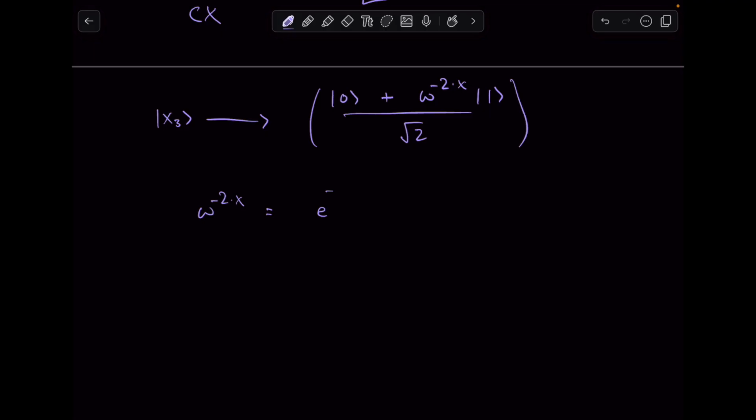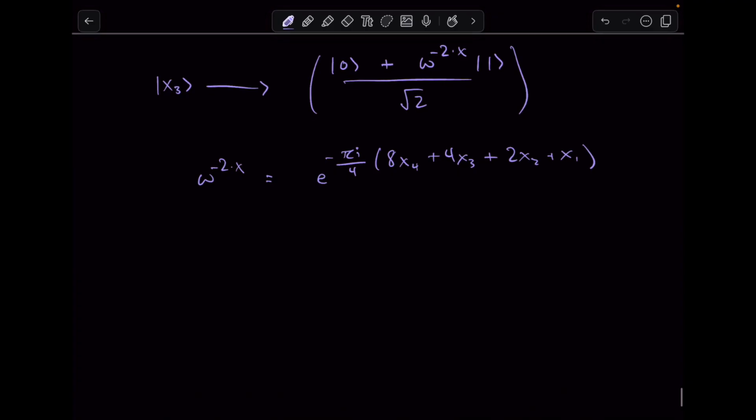So what is this? 4 pi I over 16, which is just pi I over 4, times 8x4 plus 4x3 plus 2x2 plus x1. So if we only care about this value mod 8, then we don't care about this qubit. We only care about these.